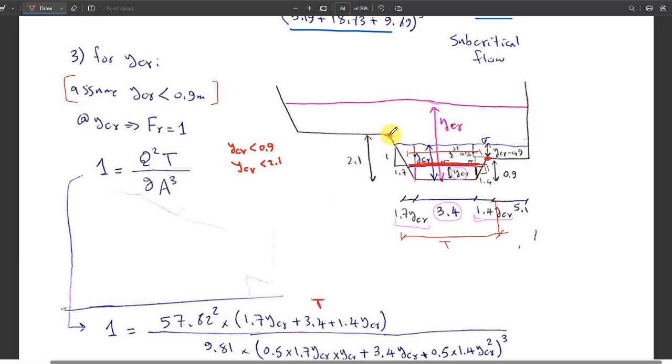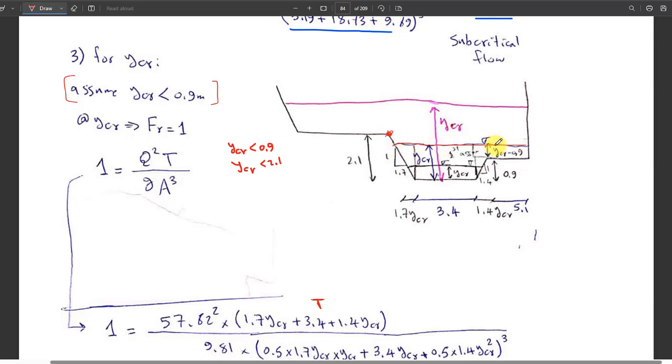Go and assume that we are below the other breaking point, which is 2.1. Okay, if we are below 2.1, it means if we erase these, keep that one, we are now here.